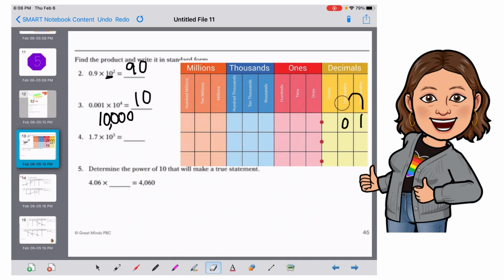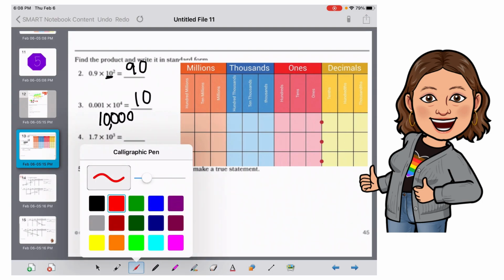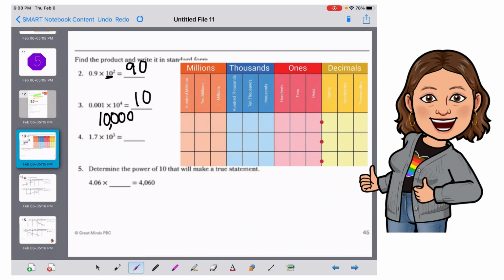Okay, let me reset. Okay, on the next one, we are multiplying by 10 to the 3rd power. Remember, that's 10 times 10 times 10. We're starting with 1 7/10. I'm going to start with this 1, and I'm going to multiply times 10 times 10 times 10.